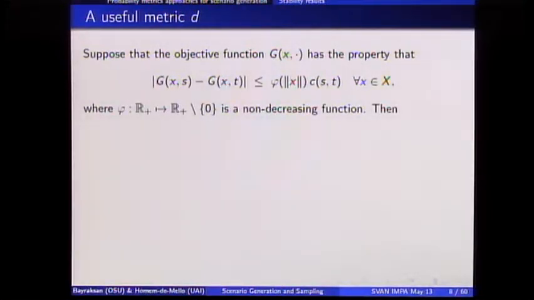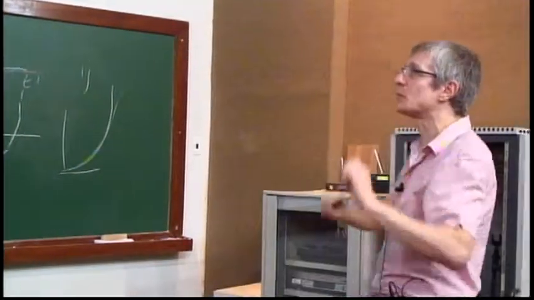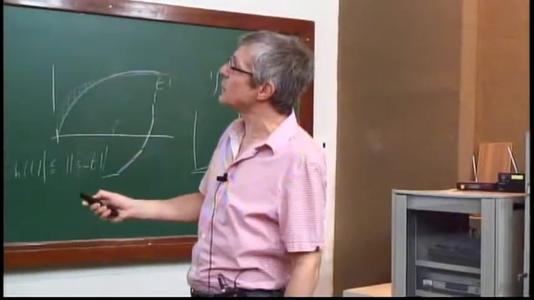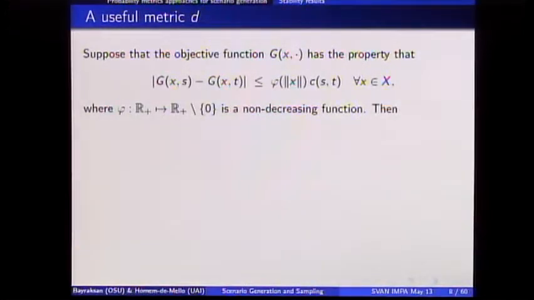Okay, so now let's go back to our optimization problem. We saw a number of possible ways to define distance between distributions. And now let's suppose that our function has this property here. This is our objective function. So now you can think of G, for example, being a function of the result of a two-stage stochastic programming problem.